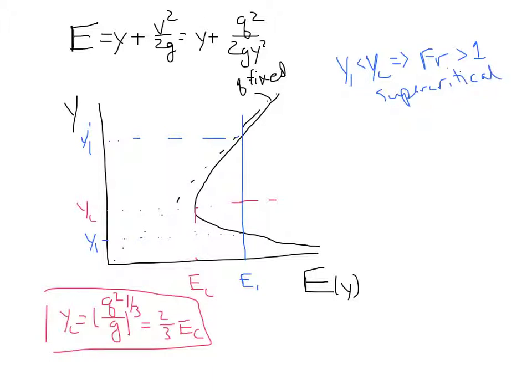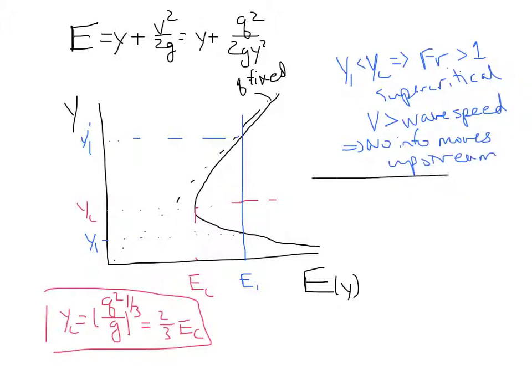Supercritical flow has the characteristic that the fluid velocity is greater than the wave speed, which means no information moves upstream. So that's the supercritical branch that I've shown in the figure here, the lower part of the branch.